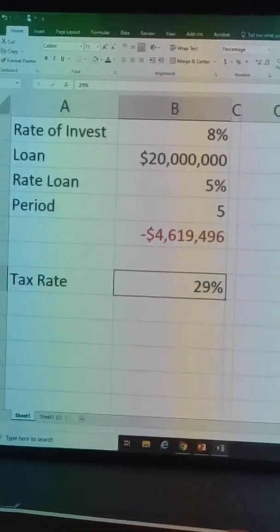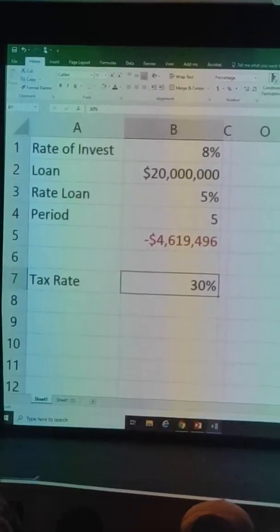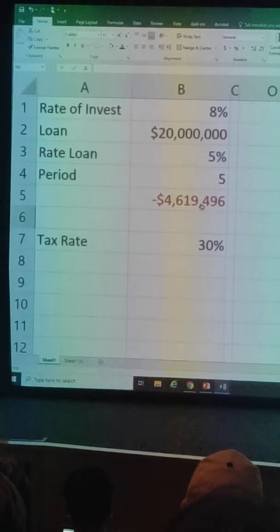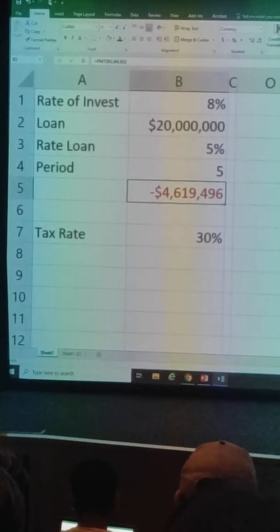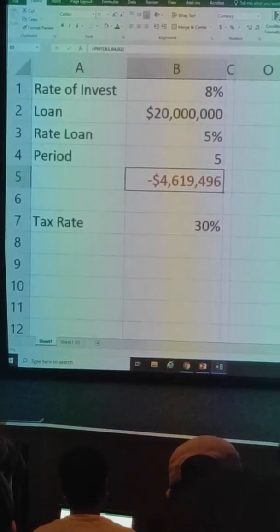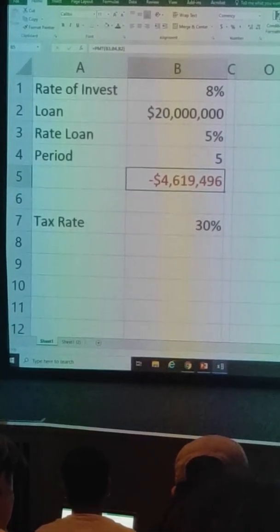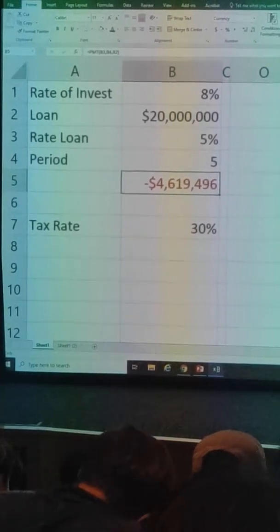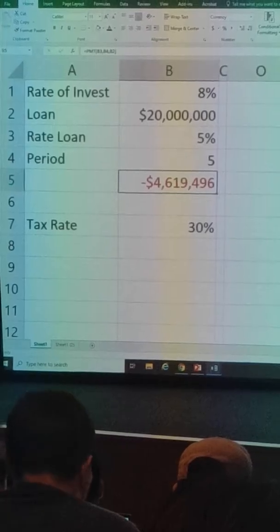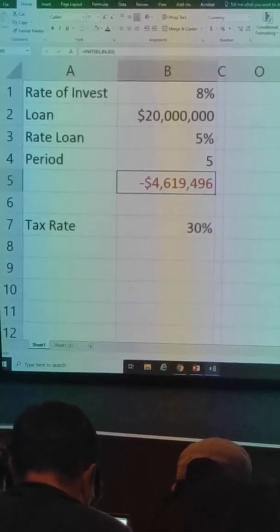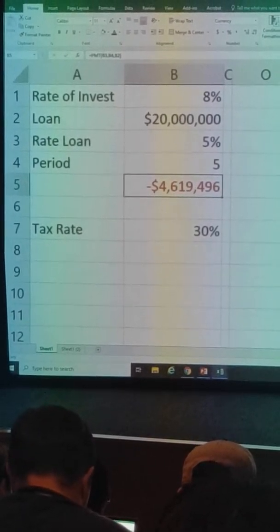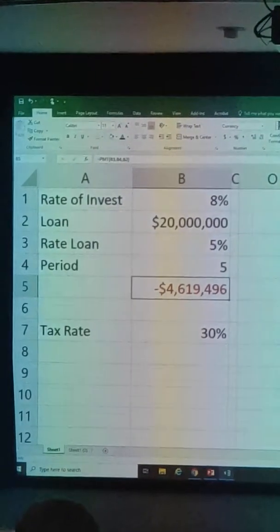And let's just make our tax rate 30%, just to make it easy. Now you would be doing very, very similar calculations to what we've just done before, except this time you're not doing it on the net flows.